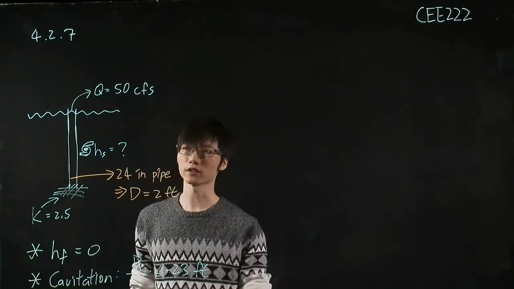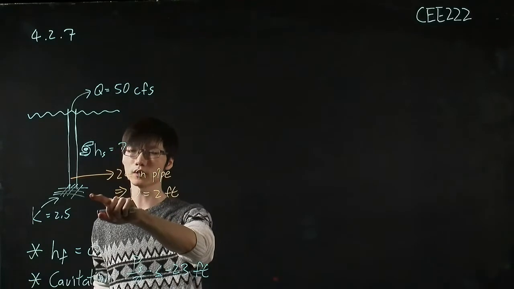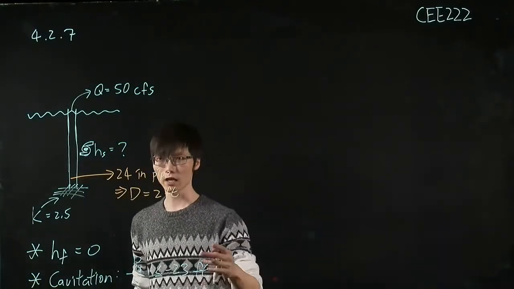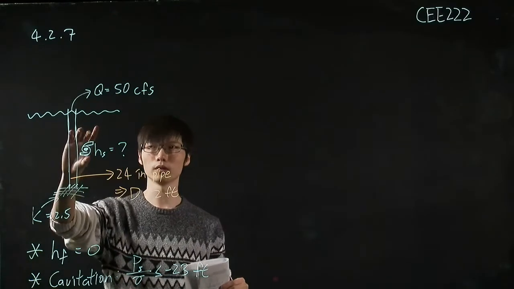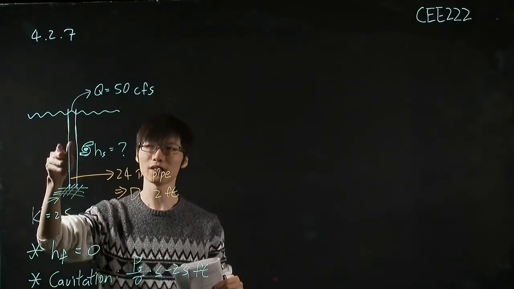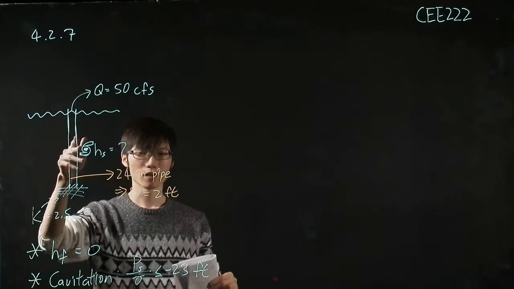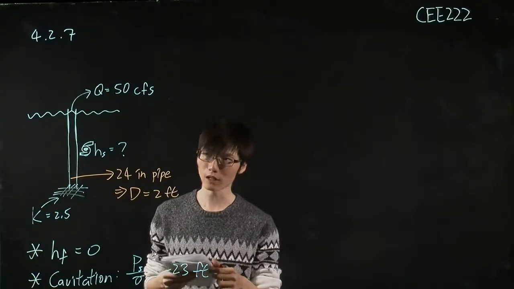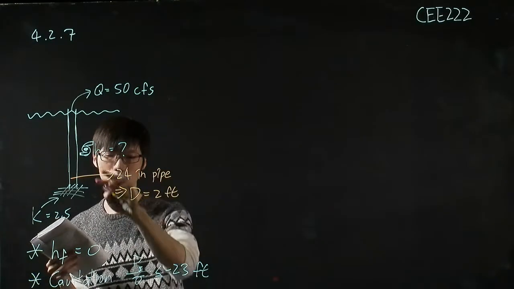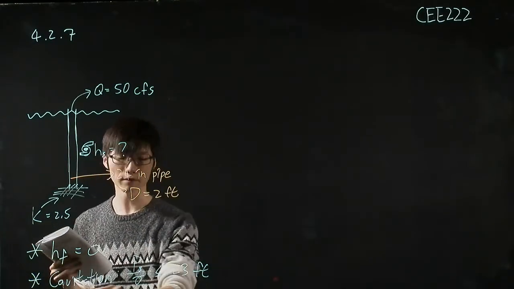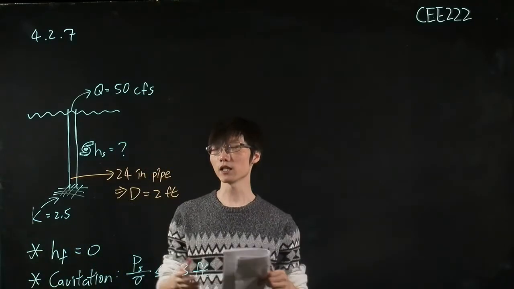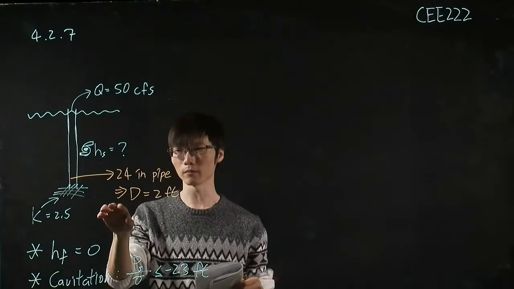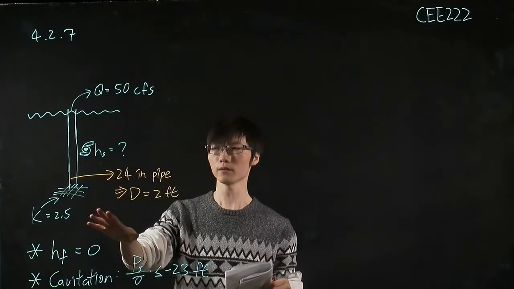And the question tells us we want to pump the water from the aquifer to the water treatment plant, and we want to place a pump at some place in this pipe, and we want to solve what is the maximum height that we can place this pump that will not cause this cavitation issue. And here we have the information provided by the problem itself.